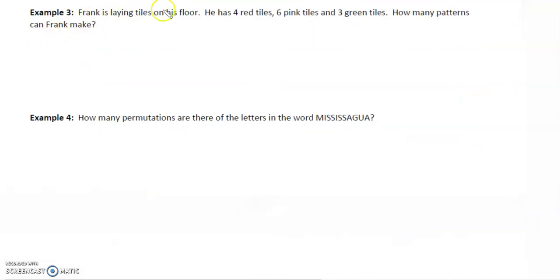Example 3. Frank is laying tiles on his floor. He has 4 red tiles, 6 pink tiles, and 3 green tiles. How many patterns can Frank make? The 4 red tiles, we cannot distinguish between them. They're identical, that's what we're assuming. The 6 pink tiles, again, identical, and the 3 green tiles, again, identical. So the total number of tiles, we just add up 4 plus 6 plus 3, which is 13.